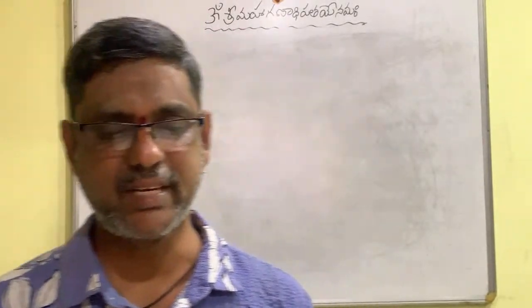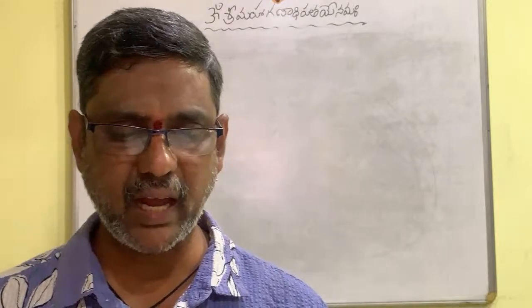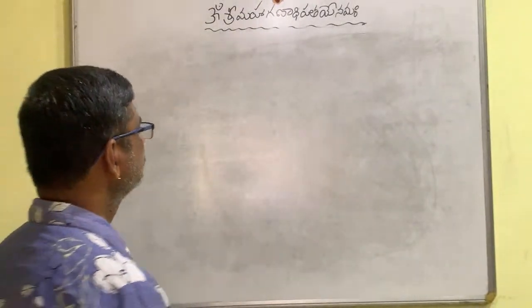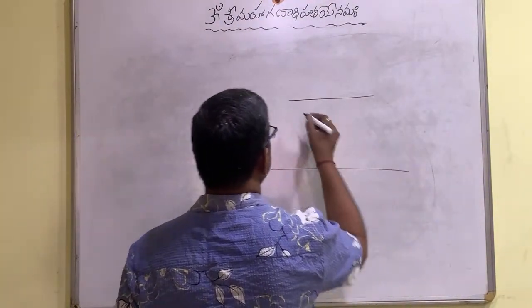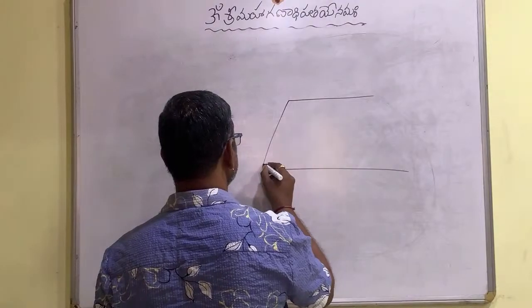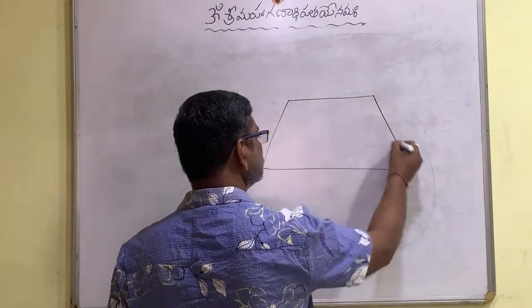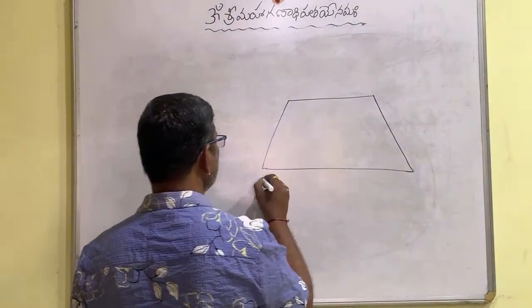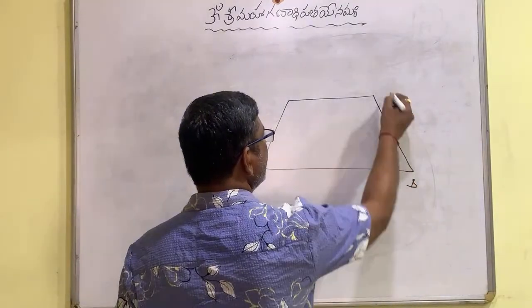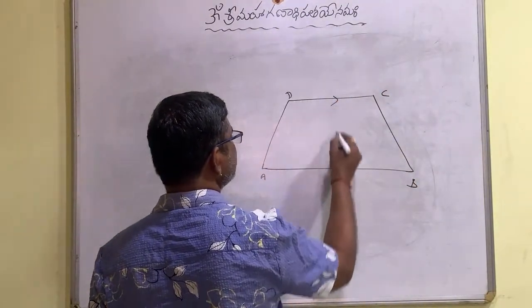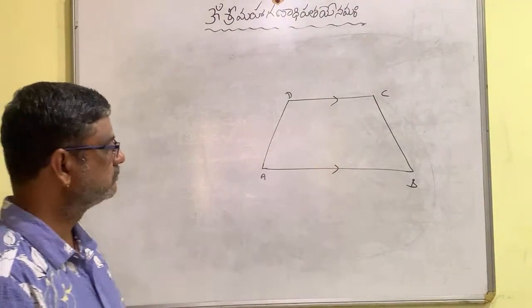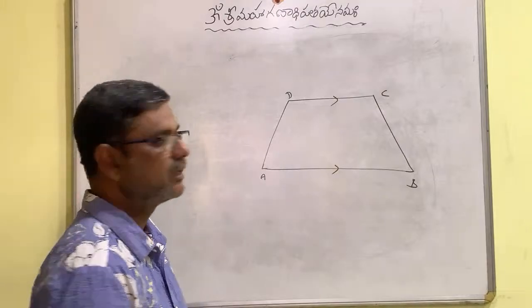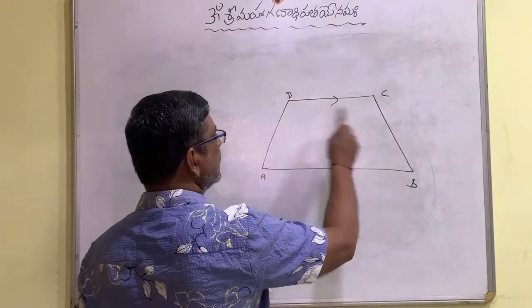Now question number 8. If non-parallel sides of a trapezium are equal, prove that it is cyclic. ABCD is a trapezium. These two sides are parallel, and these two are non-parallel sides.